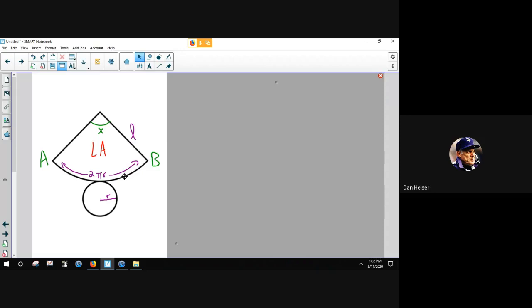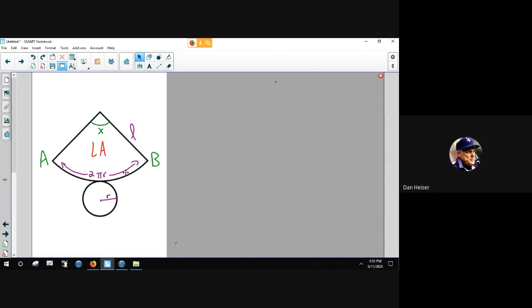It has a measurement in degrees that is equal to this angle. It also has a measurement as a distance. So it has an arc length. And that's 2 pi r.